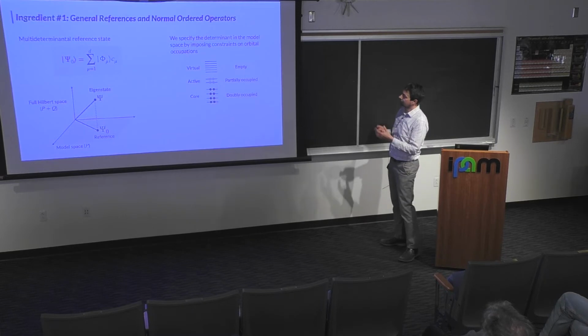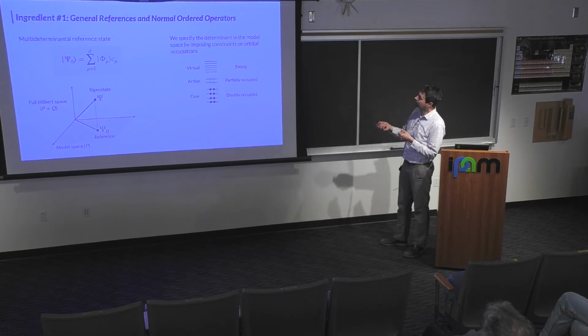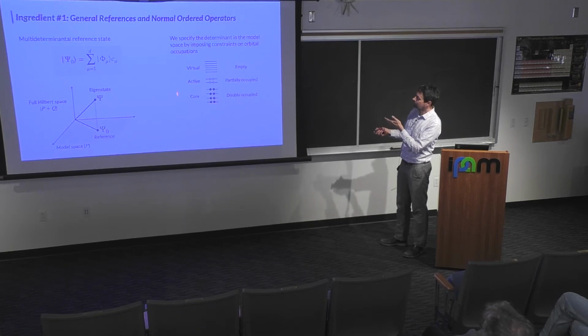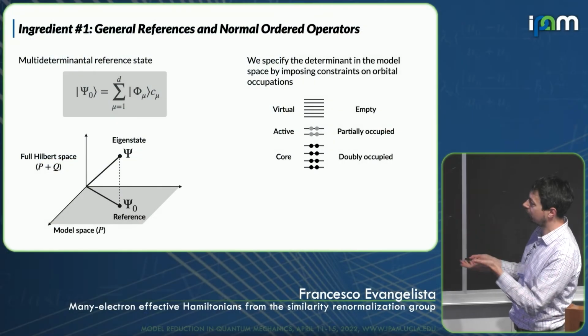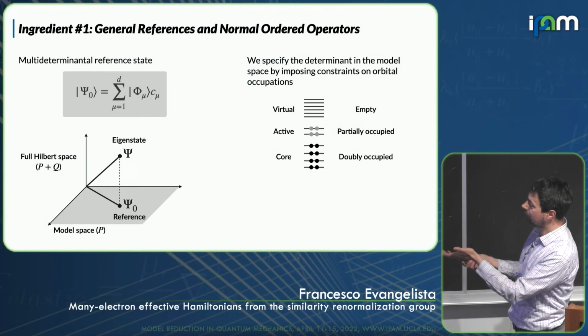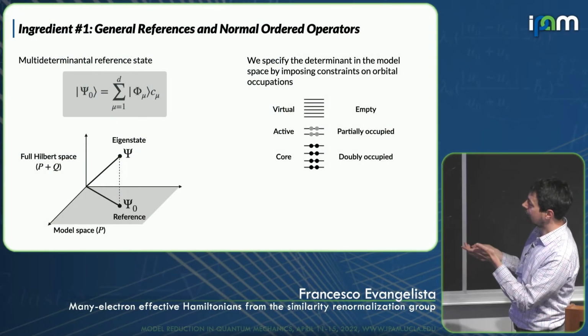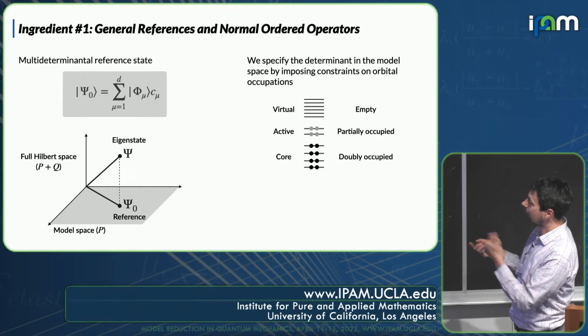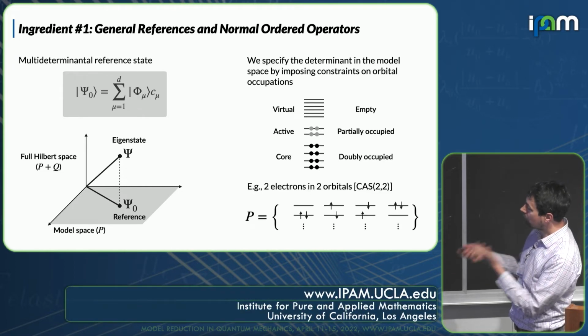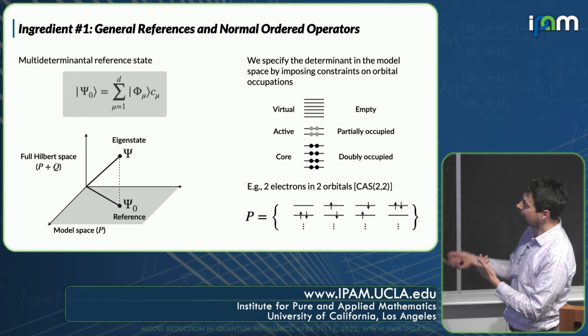This is an established way in quantum chemistry, where you partition the orbital space into groups of orbitals. They're called core, active, and virtual, but they just reflect a choice of occupation. Core orbitals are kept doubly occupied in this model. Active are partially occupied, and virtual are empty. And then we generate all determinants that satisfy these constraints.